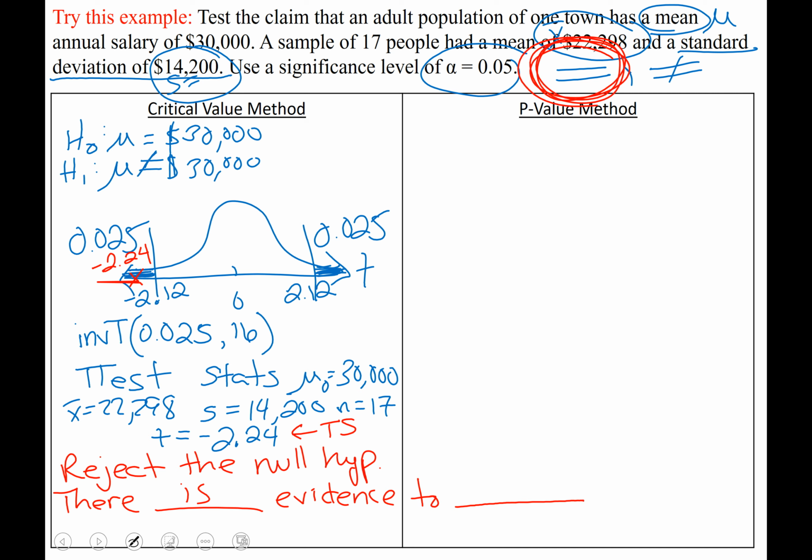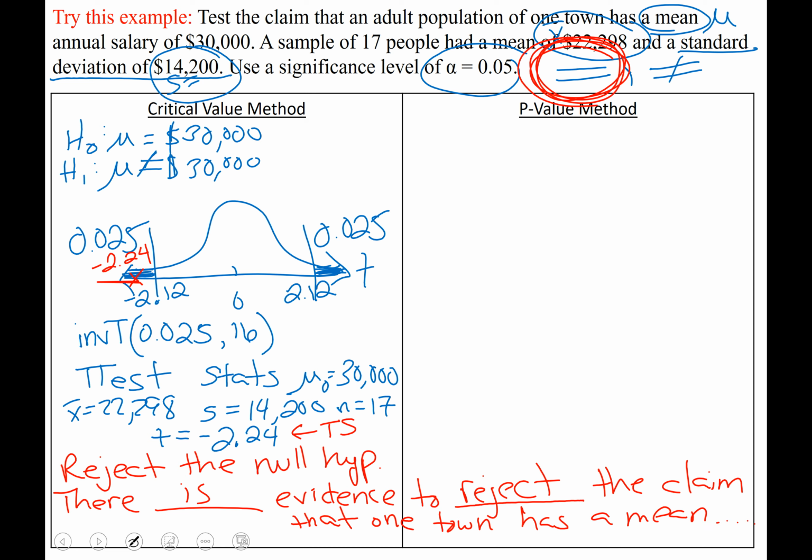And if our original claim contains equality, we use the word reject. There is evidence to reject, and then we restate the claim that one town has a mean annual salary of $30,000. I've run out of room, so I'm not going to write that, but do make sure you write the whole thing down when stating your conclusion.